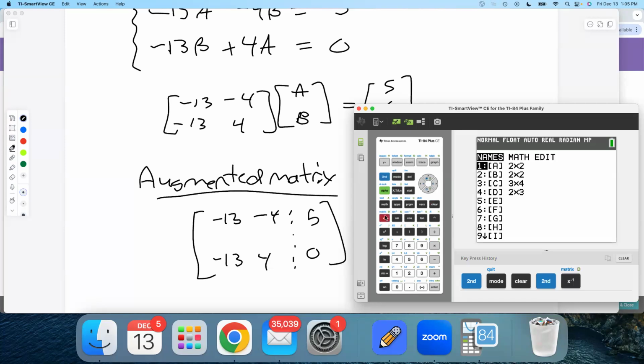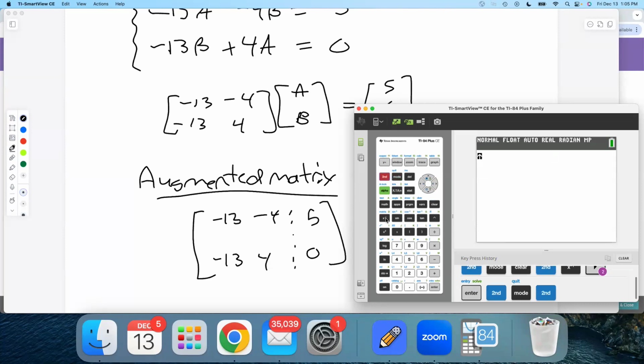I have to hit second to get to it. I'm going to go to edit and pick a brand new matrix. Remember with matrices, we always do row by column. So I have 2 rows and 3 columns.